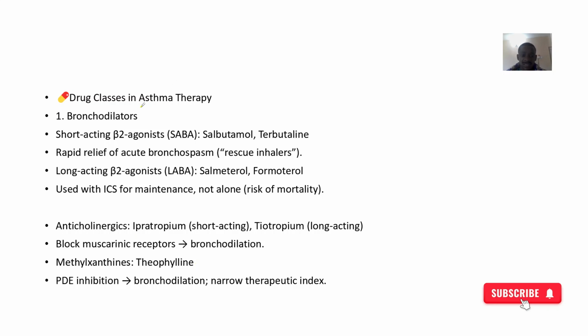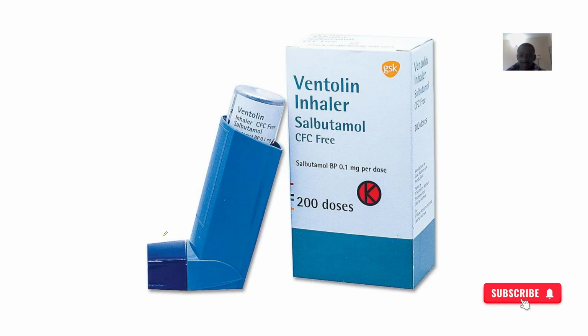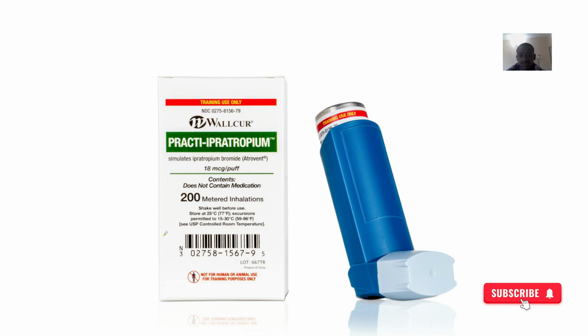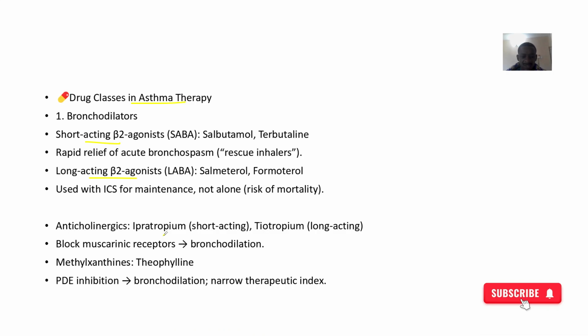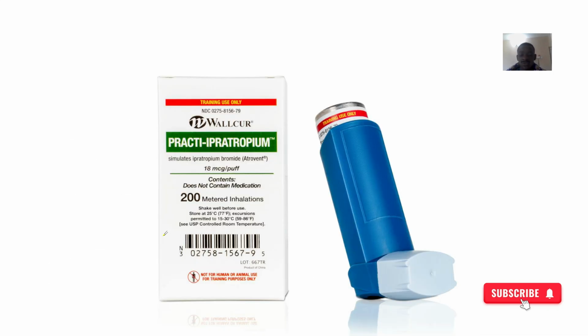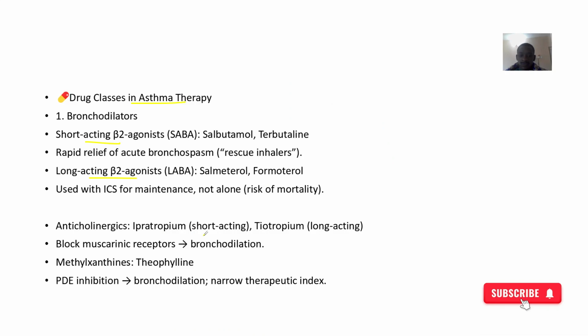For the drug classes in asthma therapy, we have the bronchodilators. We have the short-acting ones like salbutamol, terbutaline. We have the long-acting ones like salmeterol, formoterol. The anticholinergics will have drugs like ipratropium and tiotropium.